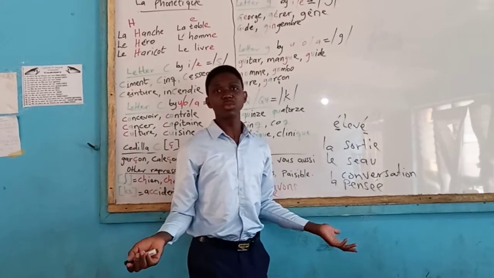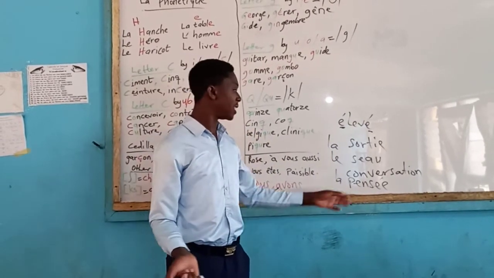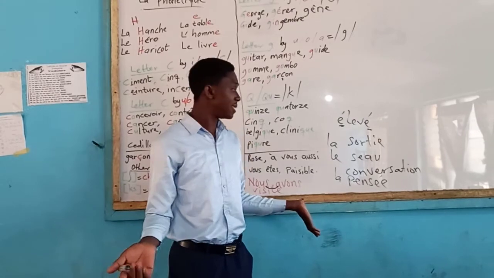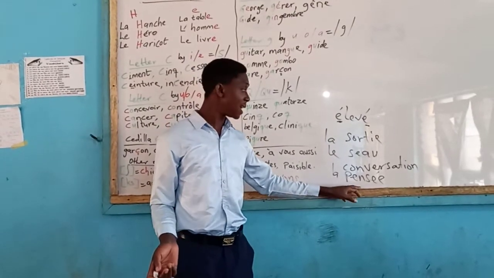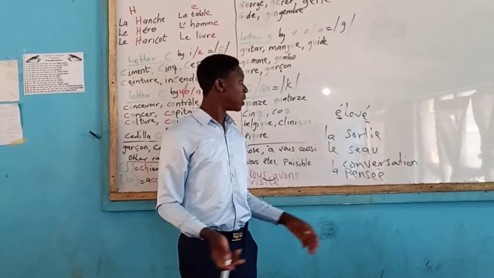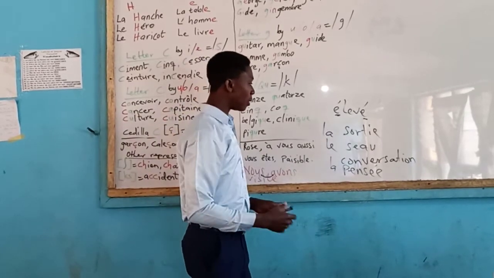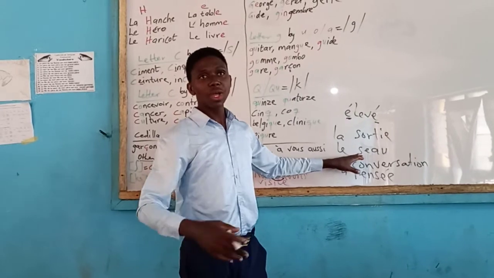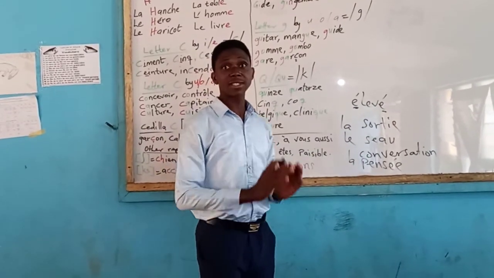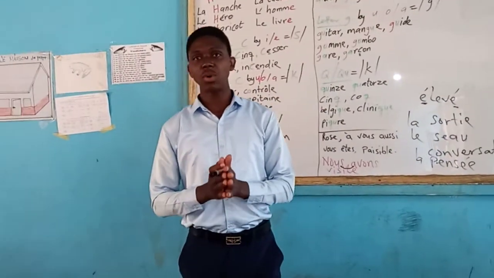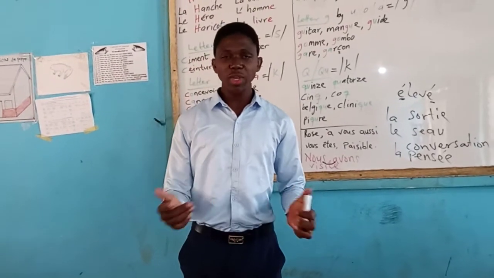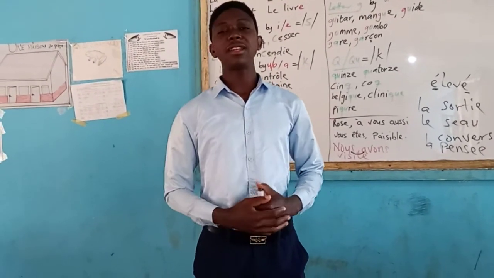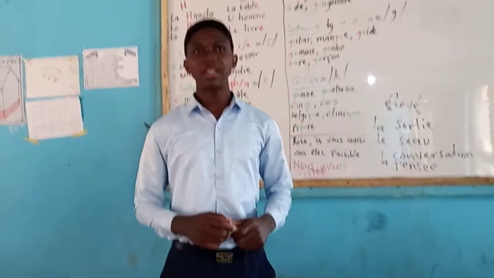So there, you don't need to pronounce Z. It is the same S. So we have la pensée, la conversation, and when it is beginning the word, like le saut, la sortie, it maintains its pronunciation as S.